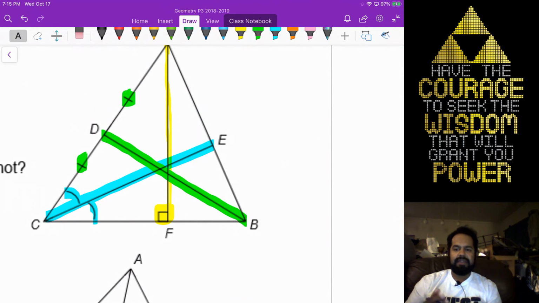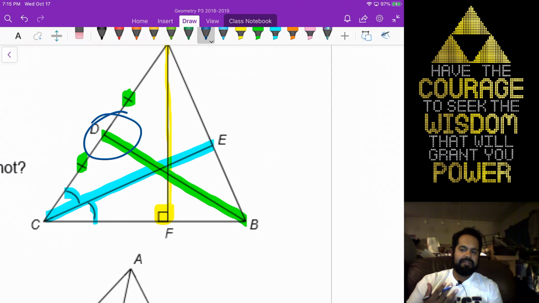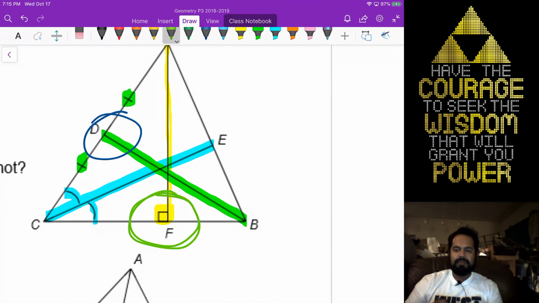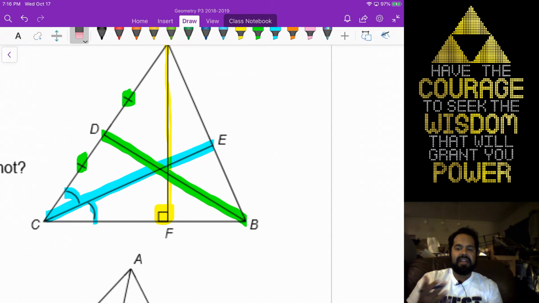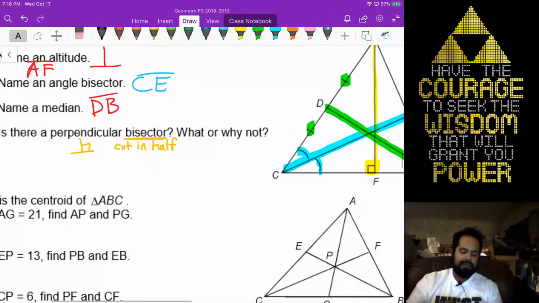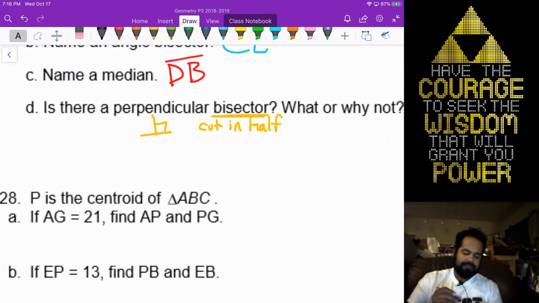Right here, that green line that we have does not have a right angle. So since there's no right angle there, that green line is not a perpendicular bisector. We have a right angle right here, but the problem is that this side and this side are not equal. There's no marking to indicate that they are. And since they're not, we have no perpendicular bisector.